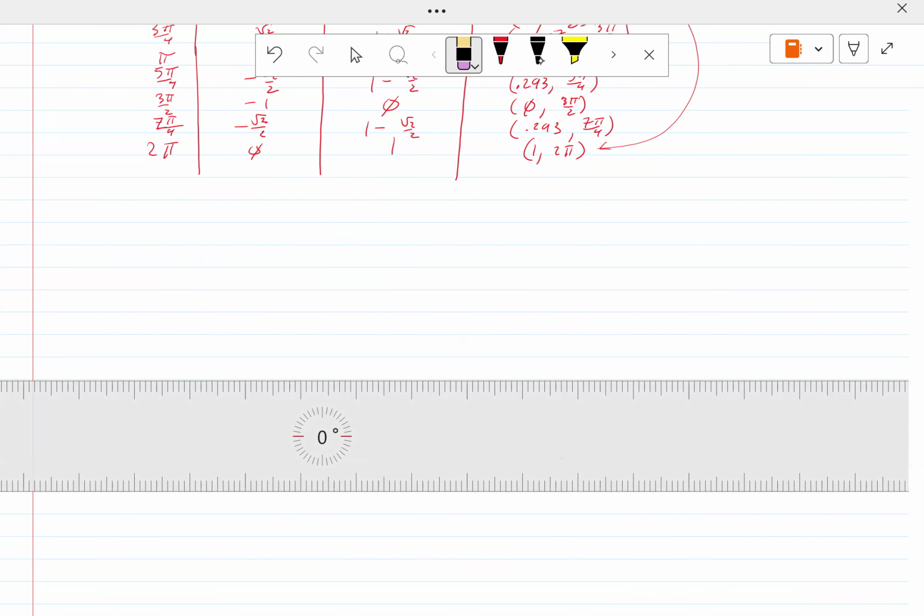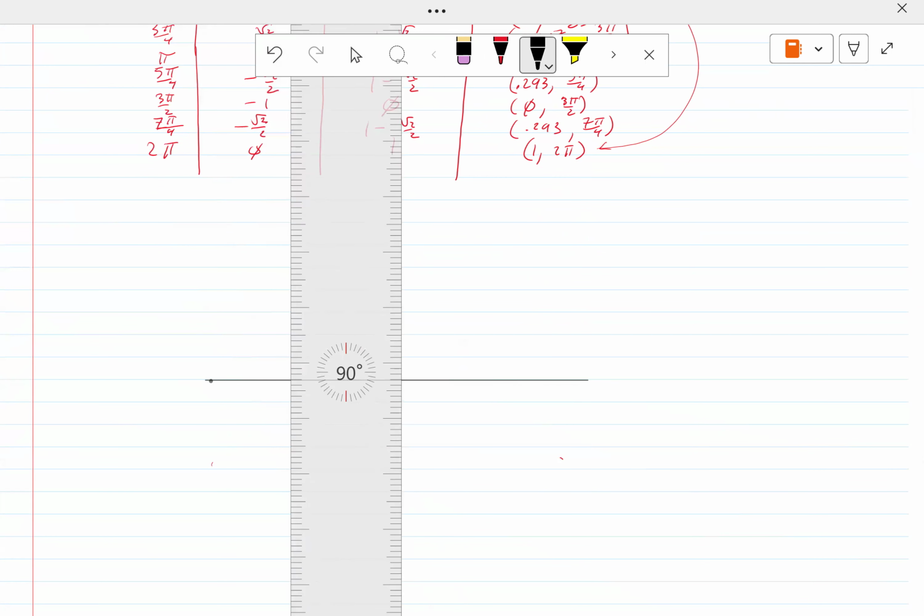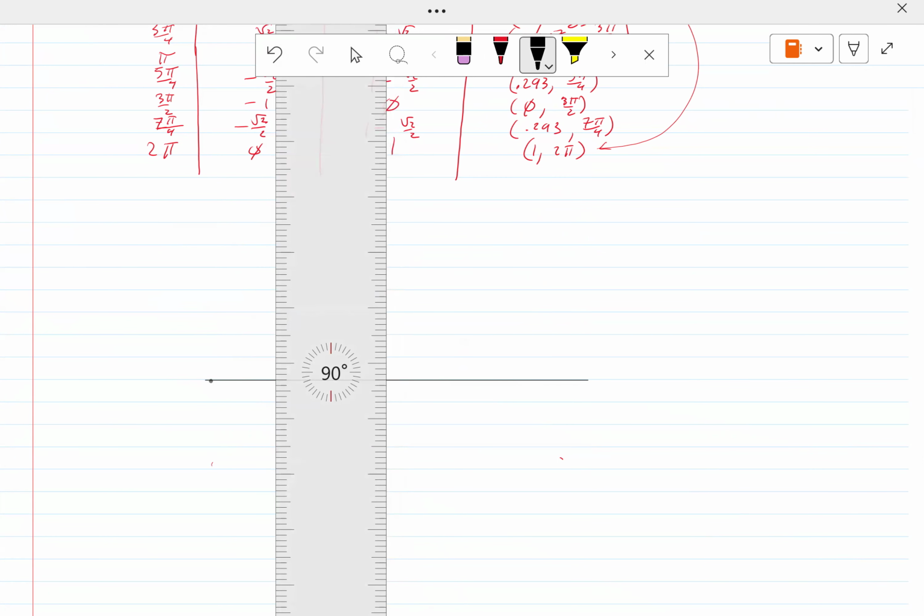I'll make the graph be black. Okay, so I'm going to start with this guy, and then we're going to go to 90 degrees. Then we'll go this guy as well.